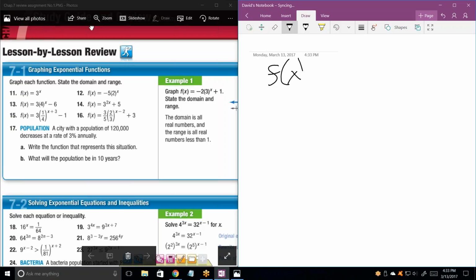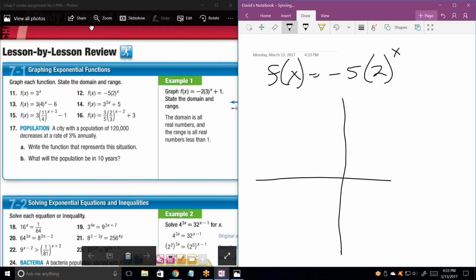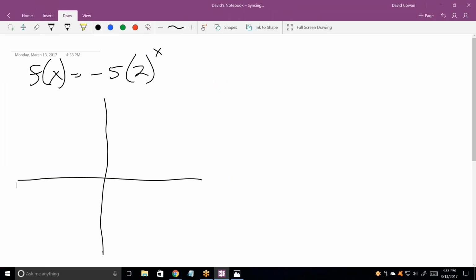So f of x is equal to minus 5 times 2 to the x power. Well, if we're going to graph this, what's the parent function? F of x equals x squared?